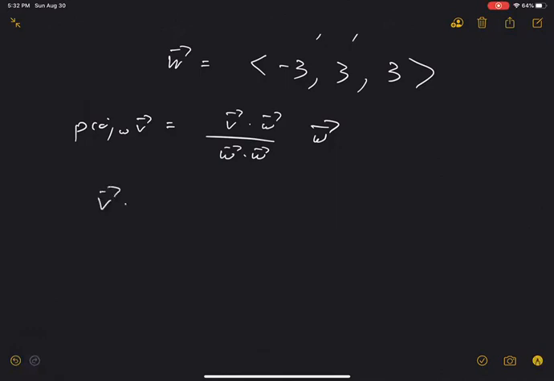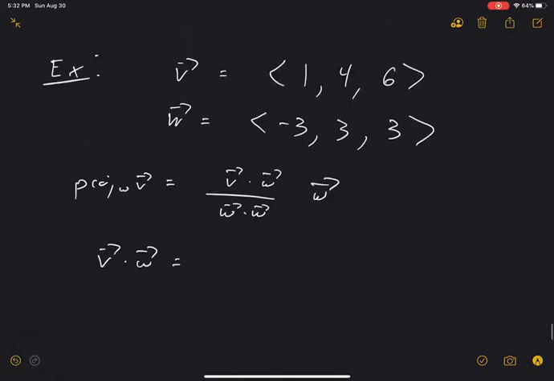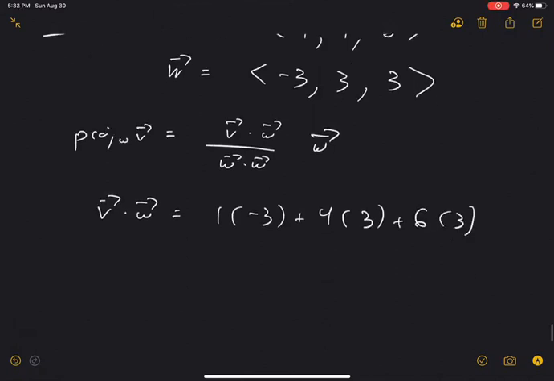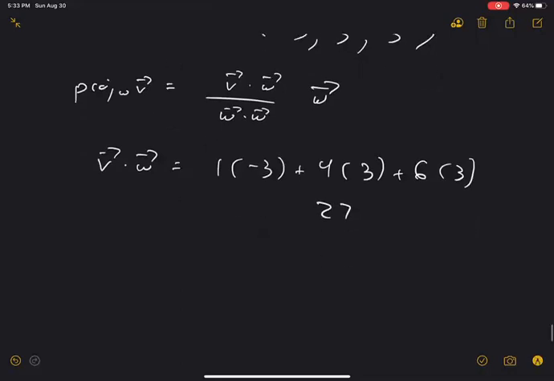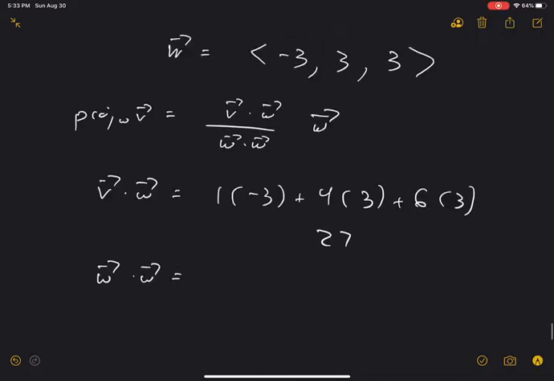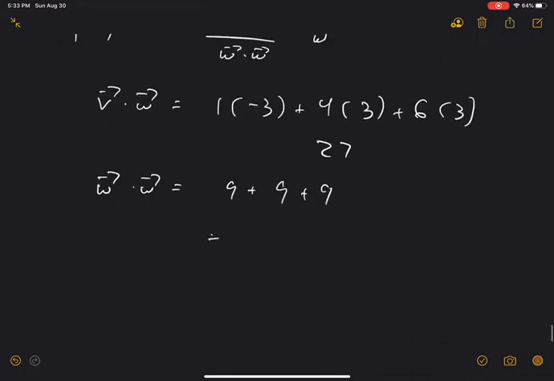Okay. Well, V dot W, that's what? 1 times -3 plus 4 times 3 plus 6 times 3. So 12 plus 18, 30 minus 3 is 27. Okay. What's W dot W? Well, that's going to be 9 plus 9 plus 9, 27. Well, isn't this working out nice? Am I doing everything correct? 12, 18, 30, minus 3, 27.